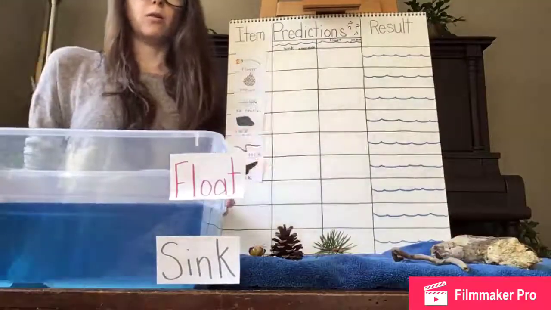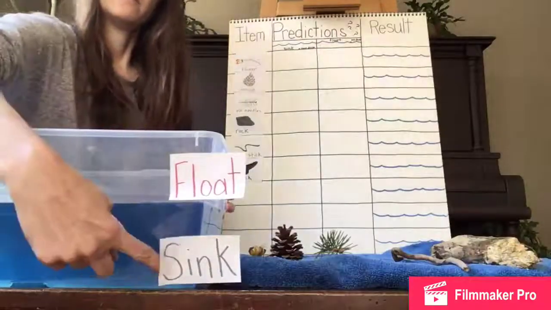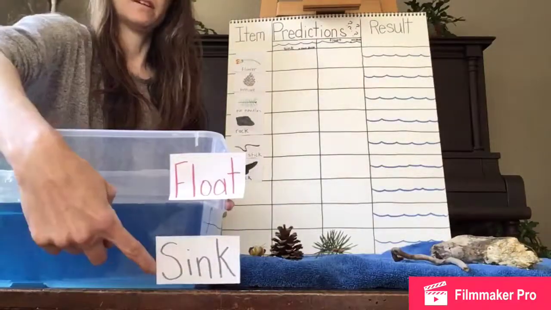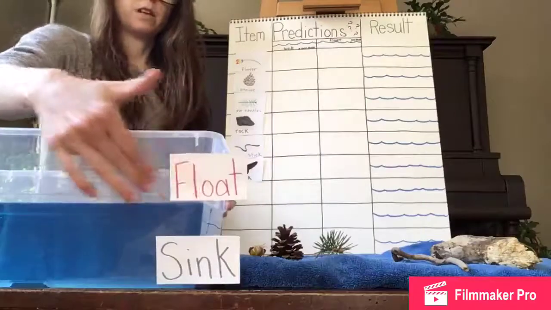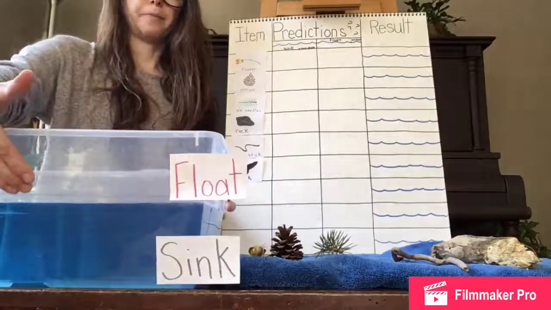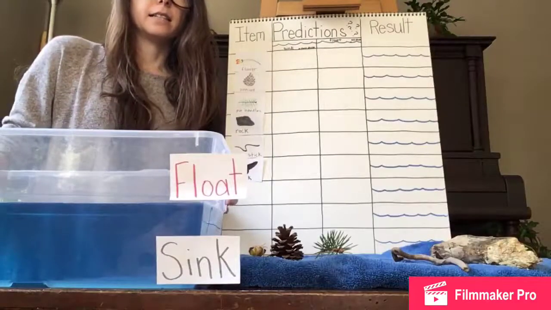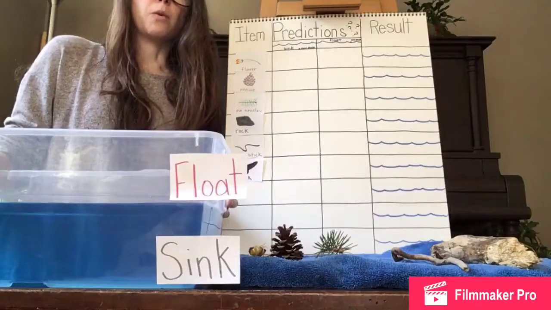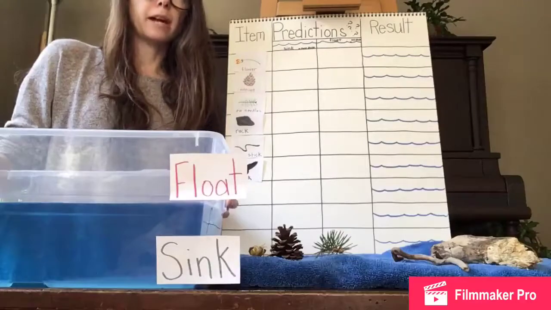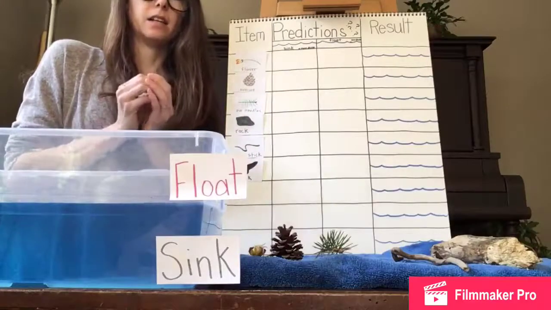We're going to talk about what sinks, meaning it goes to the bottom of the water, and what floats, meaning it stays on top of the water. To do that, we need to learn about density. Density is the weight of something compared to its size.